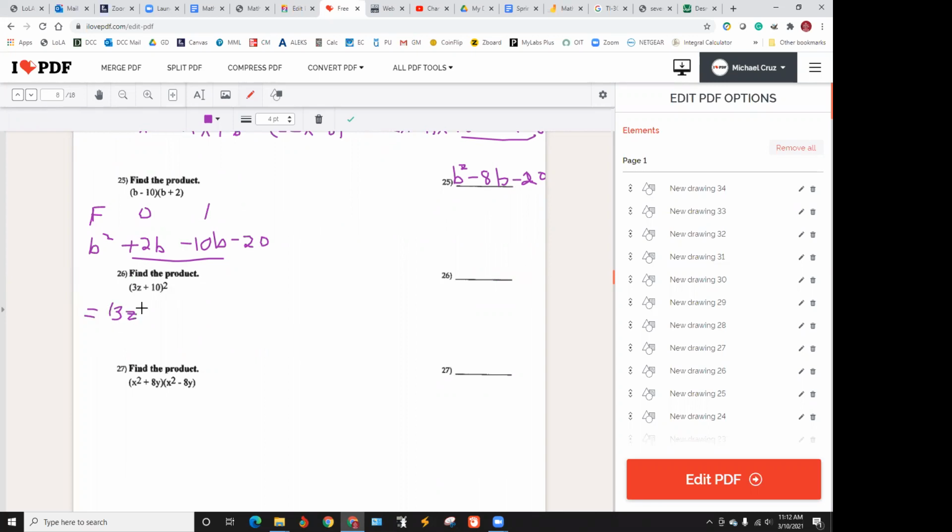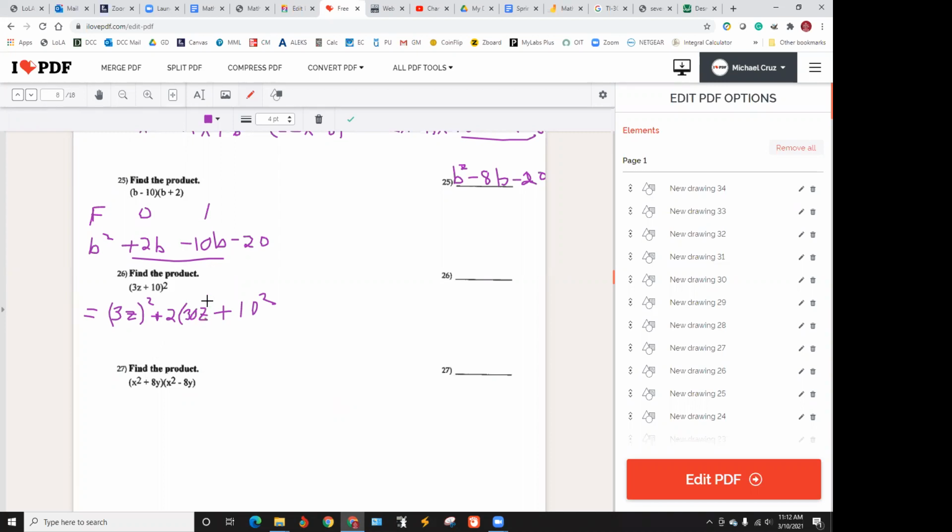So square the first term. I'm going to leave some room in there, and I'm going to square the second term, which is 10. And in the middle, I'm going to take 3 times 10, which is 30, and I'm going to multiply it times that 2. You can FOIL it out if you want to.